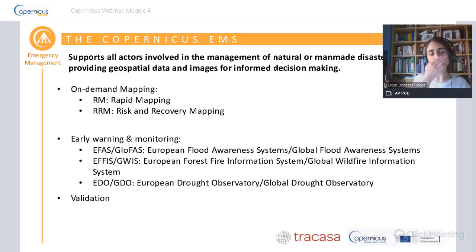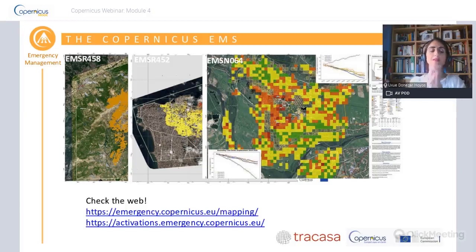And then we have the validation, which up until now was within the mapping component, and now it has been separated out, and we also sometimes study products created by EFAS and EFIS. Our main goal is the validation of rapid mapping and risk and recovery mapping products. In the next slide, I'm going to show you some examples of these products.